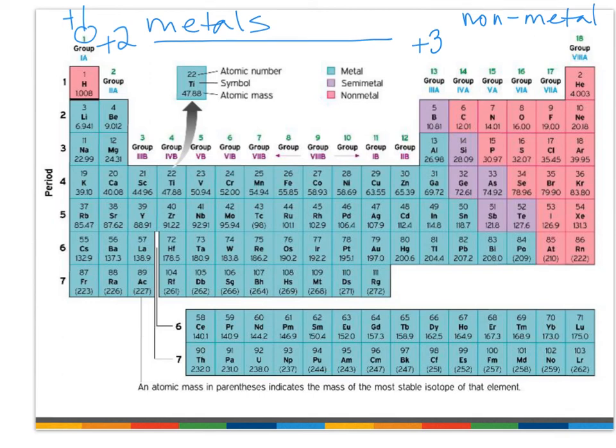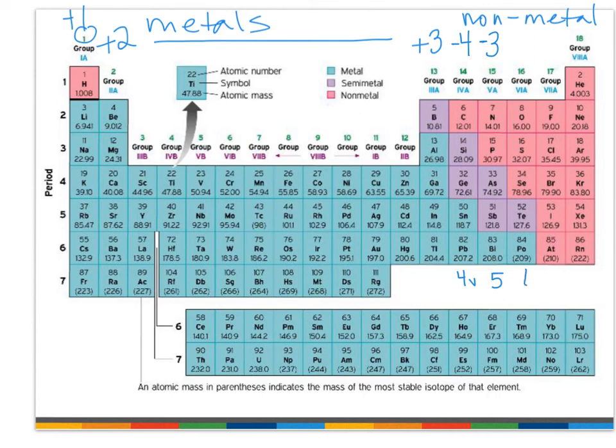And remember, because these are nonmetals, they're going to want to gain electrons. So when we talk about group 4 and the nonmetals here, we're looking at the fact that they have 4 valence electrons, and because they have 4 valence electrons, they want to gain 4 in order to be stable. Group 5 have 5 valence electrons, so they're going to want to gain 3 electrons to be stable.